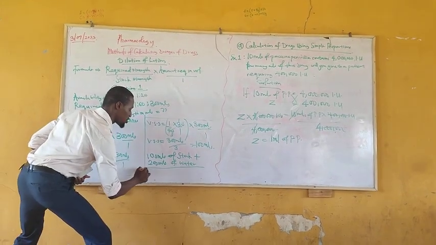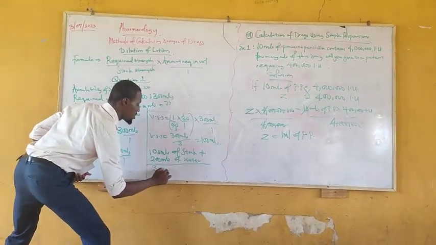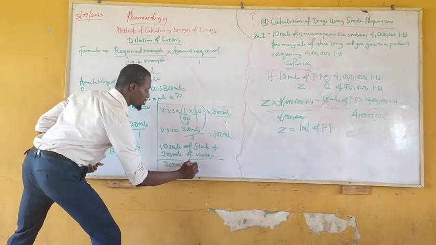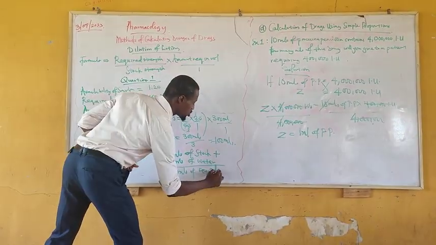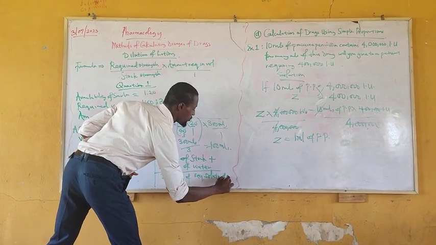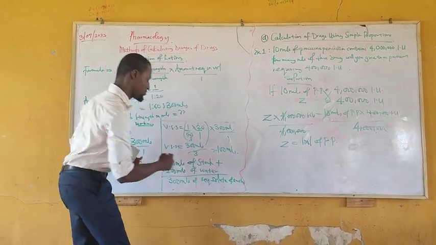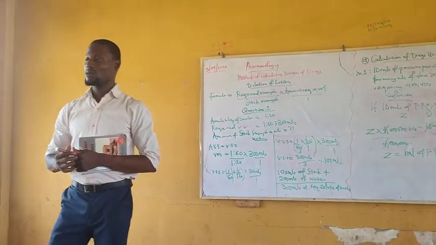We add it together to get 300 mils of the required solution of Sablon. This makes 1:60.